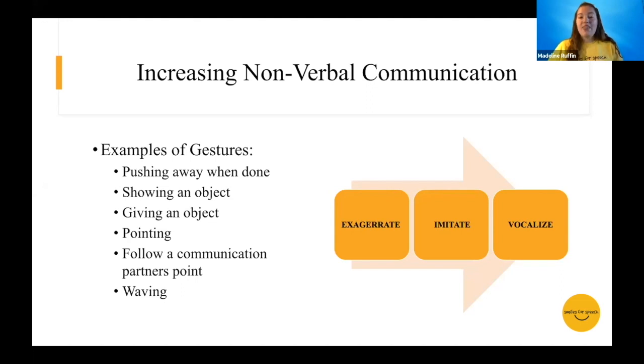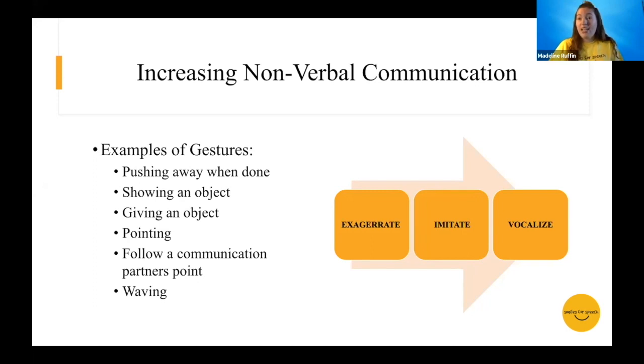What I mean by that, I'm going to talk about a student of mine. Let's call him Andy. Andy starts with me, and I notice that every time he wants to be picked up, he puts his hands up to the sky. That's a great use of nonverbal communication.